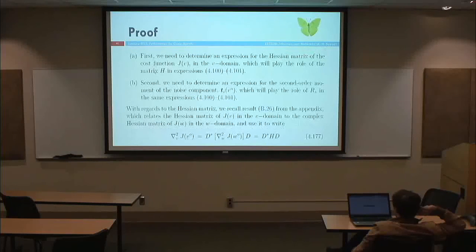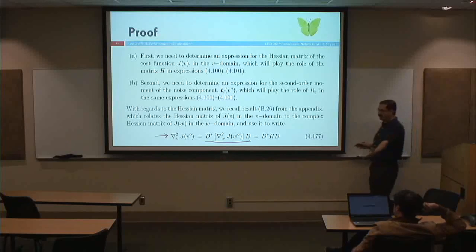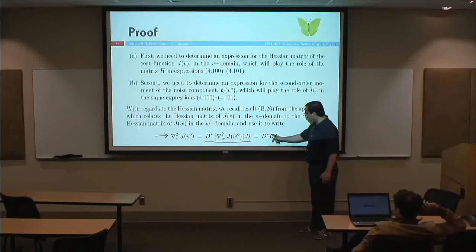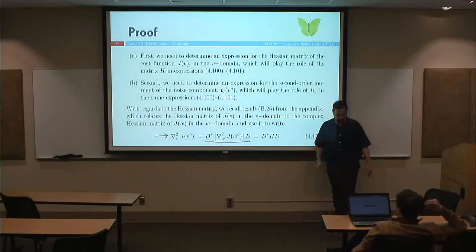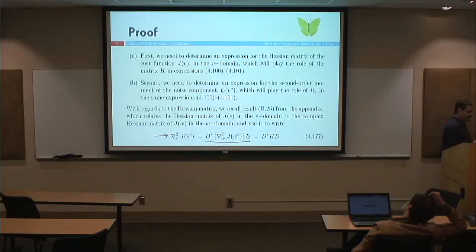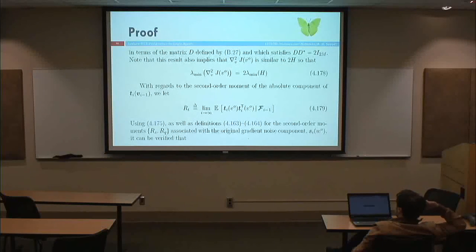Okay. First of all, the Hessian in the V domain, we know how it is related to the original Hessian. This is something we saw many times before. You just multiply by this matrix D and D star. Remember that D had I, minus I, jI, minus jI, something like this. And that D D star is equal to 2 times I. Very good.